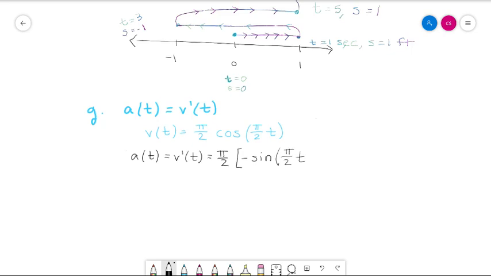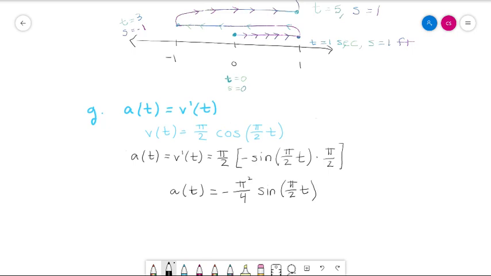And then what's the derivative of your inside function? Just pi over 2. So the acceleration at time t: the negative sign will still be there, pi times pi is pi squared, 2 times 2 is 4, and then sine of pi t over 2.